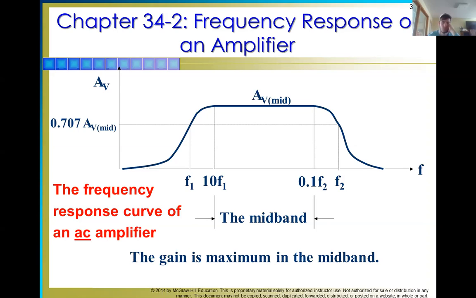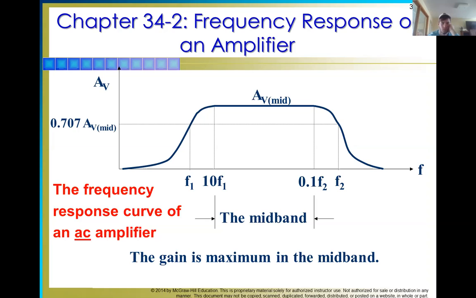Generally AV is equal to the output voltage divided by the input voltage. And generally after that, you'll see it equal to some type of equation for that particular circuit.